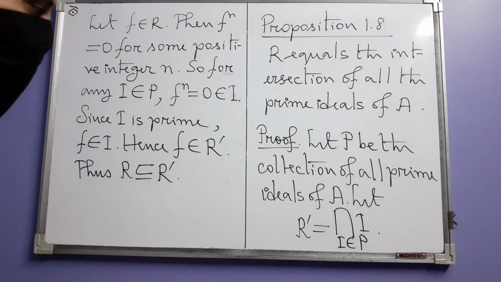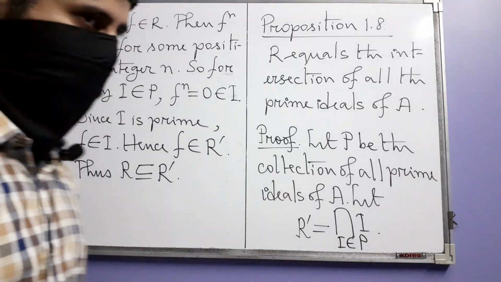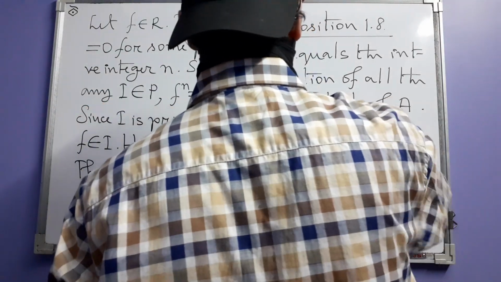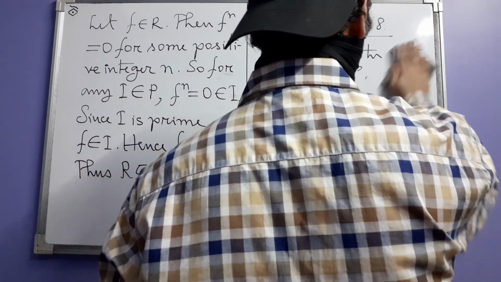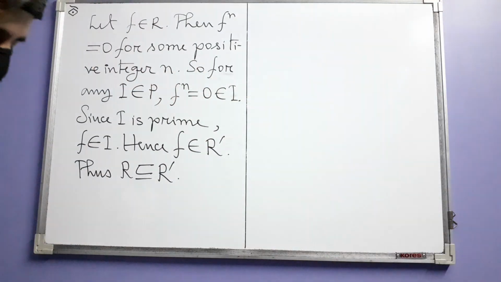Now we are going to prove the converse, that R prime is contained in R. Okay, but we will do it in an indirect way. And the indirect way is this.